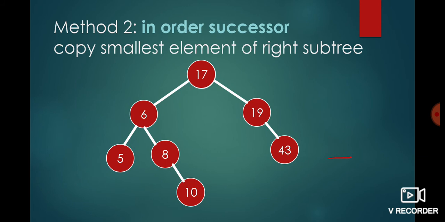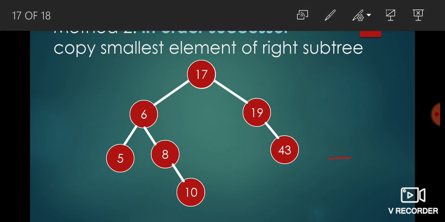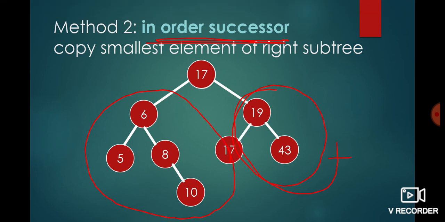Now when we delete 11 which has two children, and we did the inorder successor or inorder predecessor method, there is no loss of BST property, that the left subtree elements should be less than 17 and the right subtree should have elements greater than 17. So this is a property we should maintain, that even after deleting, the BST property should remain.